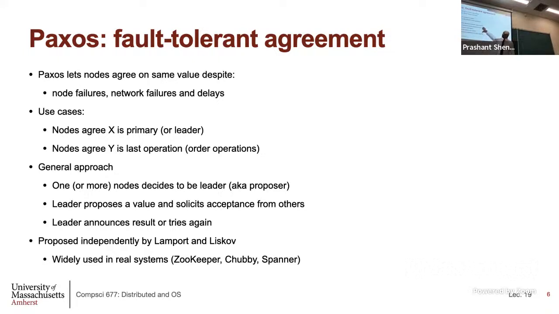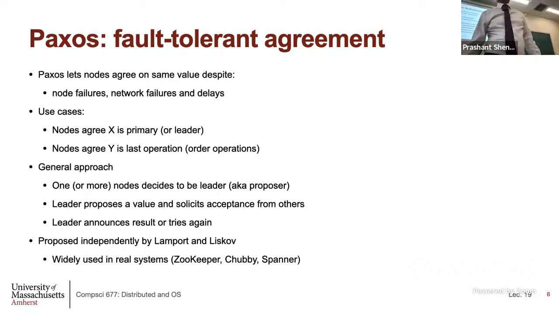The idea is very similar to the three-phase commit protocol. More than one node can be a leader if you are actually in two partitions, but let's just say there's one leader. So you have to first choose a leader. The leader is going to propose a value and ask the nodes, do you accept or not? The nodes can say whether they accept or not.